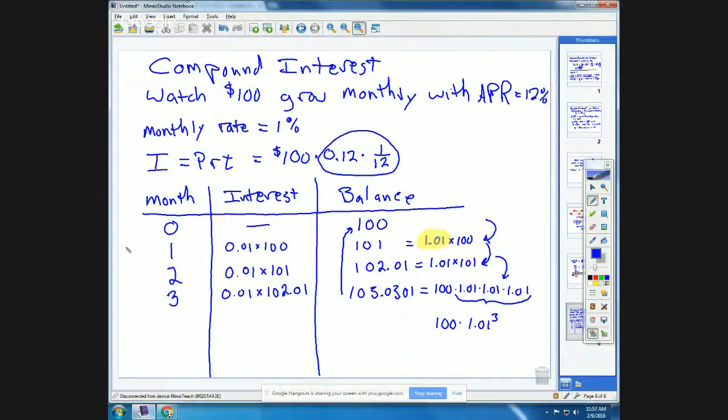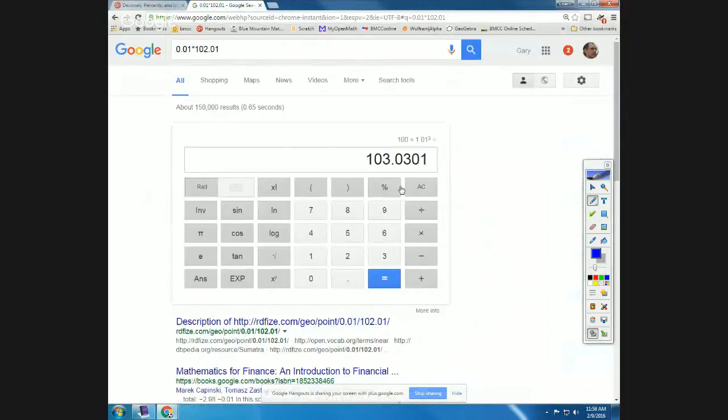So if somebody said, well, can you give me what happens after a year? Okay, well, that would be 12 months. I'm going to skip the monthly calculation of interest and jump right to the fact that I believe then that it would be $100 starting times 101% repeated 12 times as a multiple. So I'll ask Google about that. $100 times 1.01 raised to the 12th power.